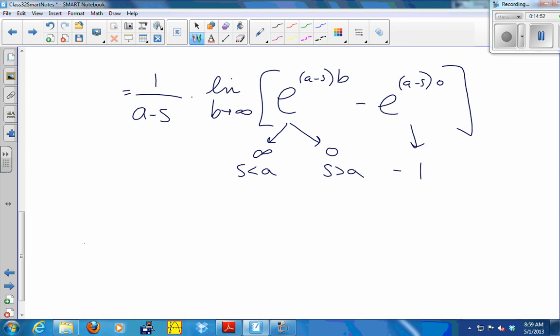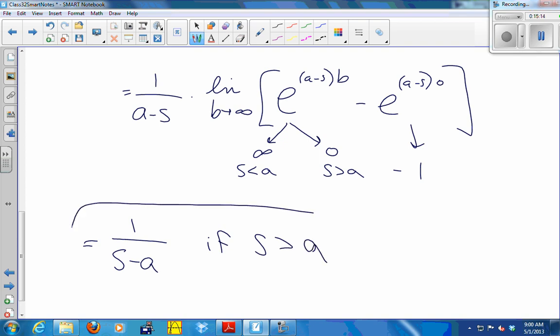So my final one is going to be 1 over s minus a, because we forget about the case when it goes to infinity. I'm only interested in when it converges. So use the 0. So 1 over (a minus s) times -1 is 1 over (s minus a). And this is if s is bigger than a. So there's your Laplace transform for e to the at.